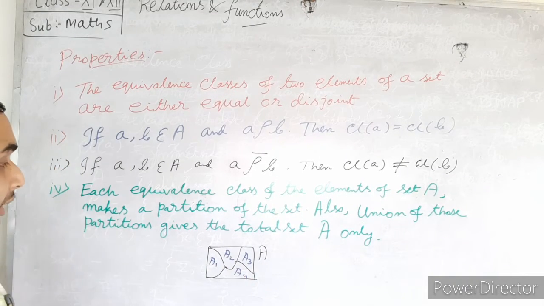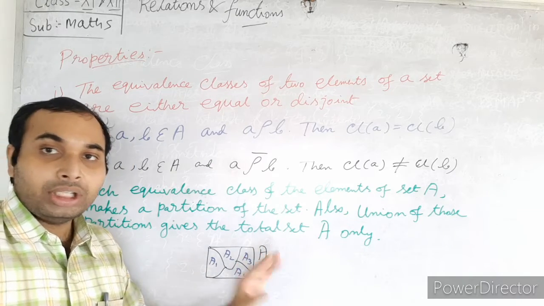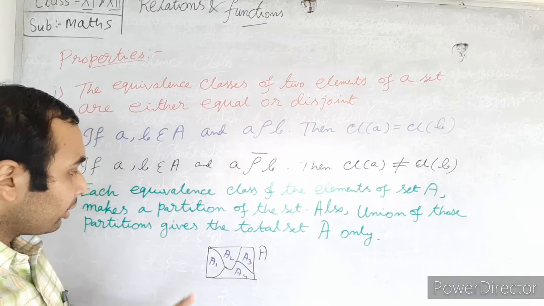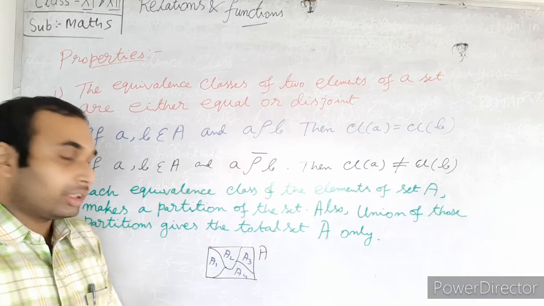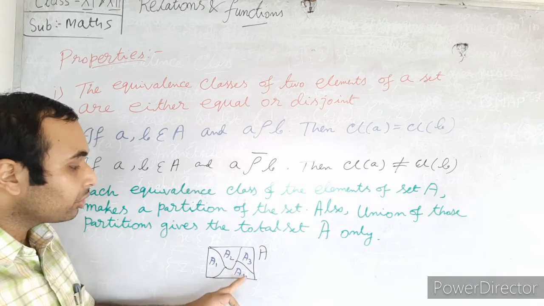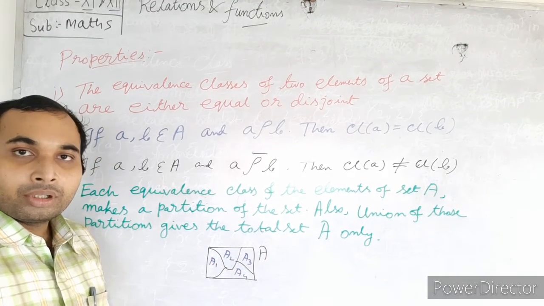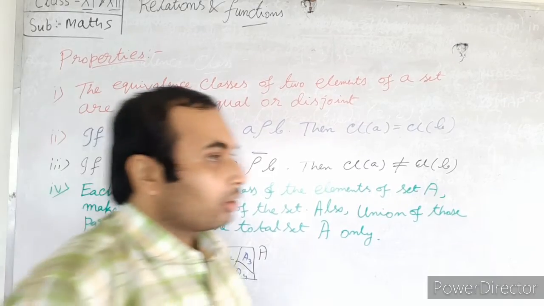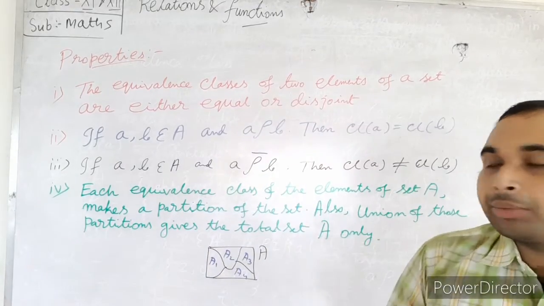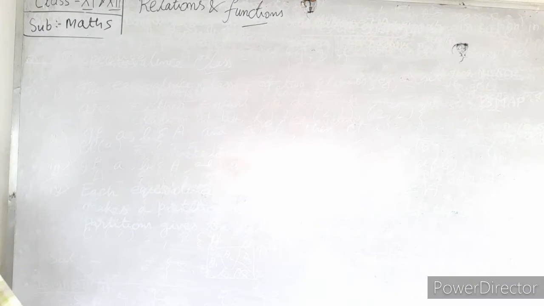So 4 equivalence classes we have got for 4 different elements. So those are the partitions of the set A. Now if we just make the union of those partitions, obviously we are getting the total set A. So those are some properties of the equivalence class.